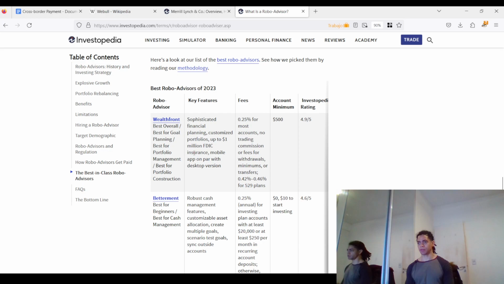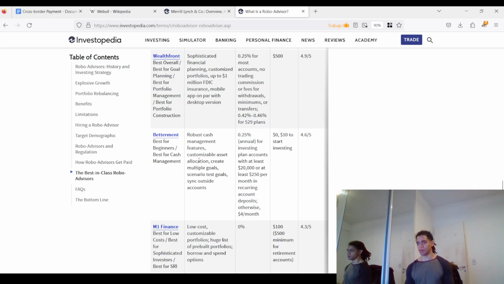And these are the best robo-advisors of 2023. Best overall, best for goal planning, best for portfolio management, best for portfolio construction. Sophisticated financial planning, customized portfolio, up to 1 million FDIC insurance, mobile apps on par with desktop version.